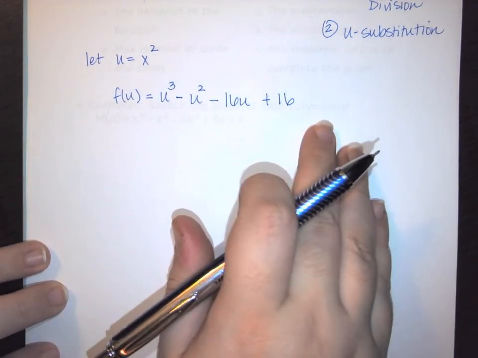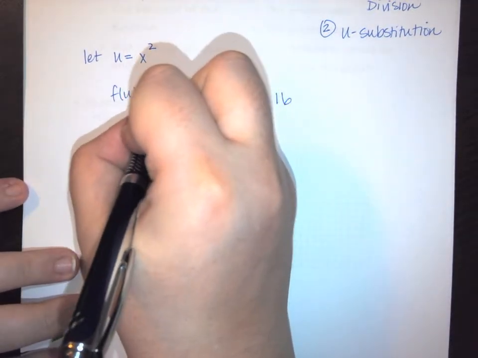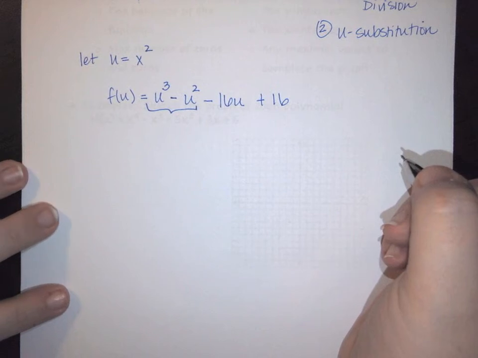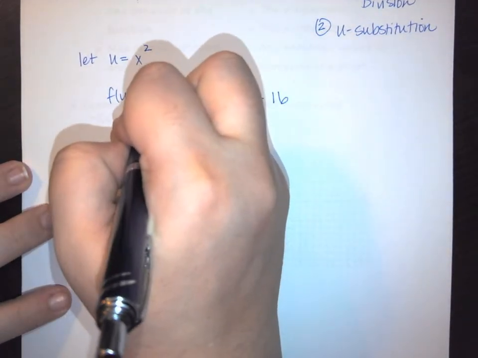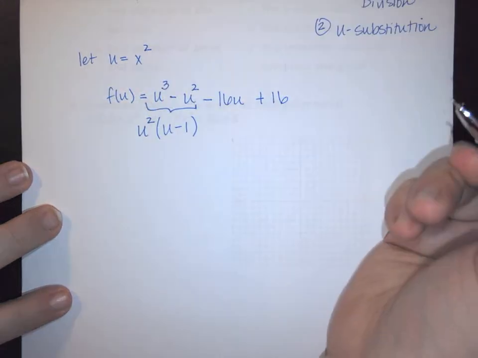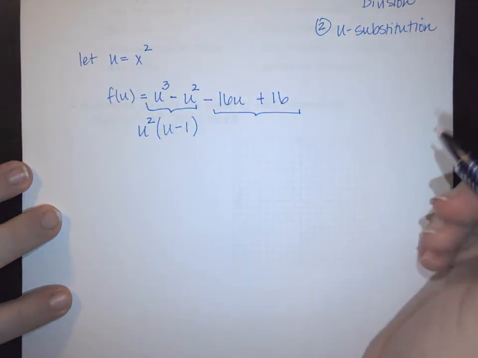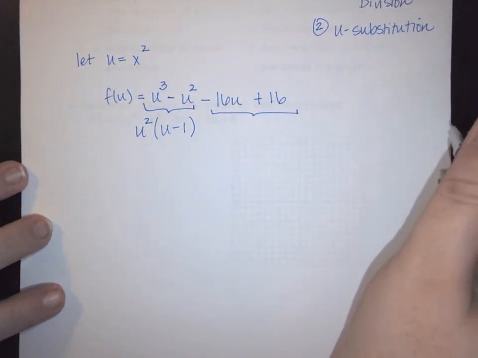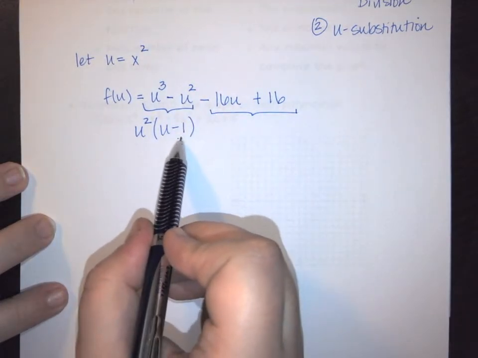Now this is a 4-term equation, so one way we can solve it is by grouping. Grouping says you're going to take your first 2 terms, look for what's in common between both terms, and pull it out. So this would be a u squared. It's going to leave behind u minus 1. Now the goal is that in this back part, when you pull out its term, you get left behind the same as the first one.